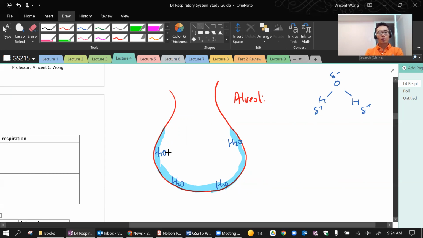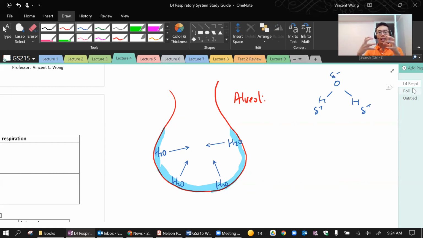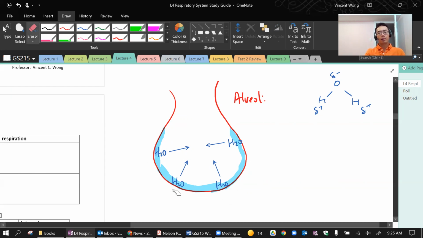The surface tension causes each water molecule to pull on its neighbors, and if you consider the forces together, it creates an inward force that will cause the alveolus to collapse. Think of gluing magnets on the inside of a bag: it will cause the bag to collapse. That is the surface tension created by the water.